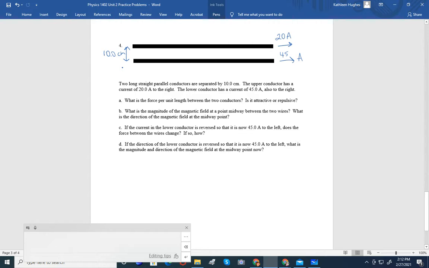What is the force per unit length between the 2 conductors? Is it attractive or repulsive? Well, our formula for force per unit length is going to be mu naught I I prime over 2 pi r.